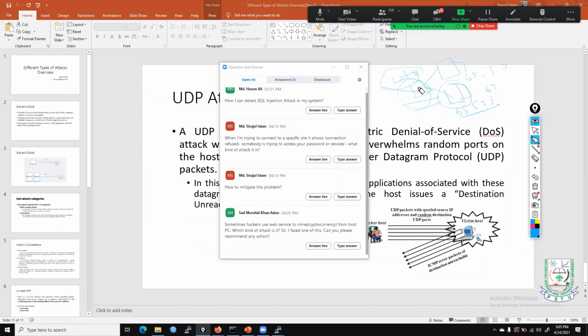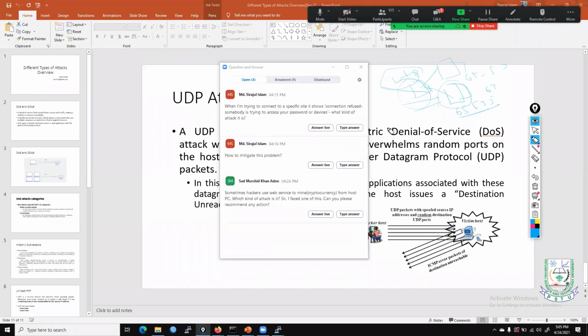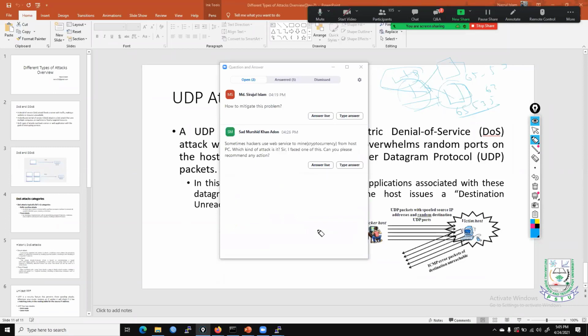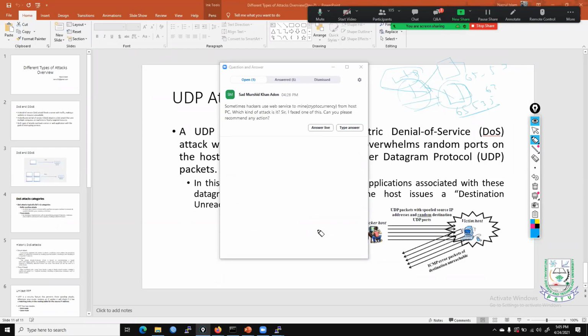Shad Mursid Khan asks: sometimes hackers use web services just to mine cryptocurrency from the host PC. Can you please recommend any action? So when it's a mining attack or cryptocurrency, I already mentioned this kind of malware. For your host PC, you can use antivirus software.